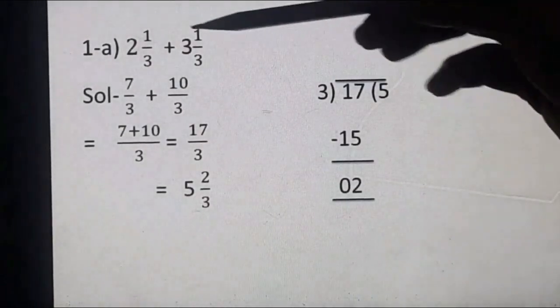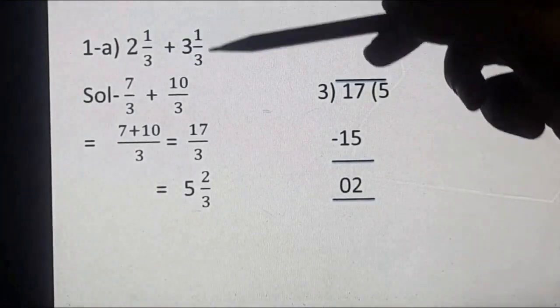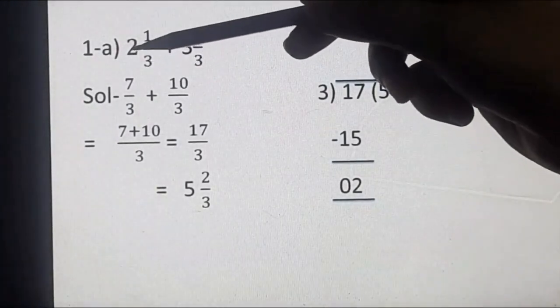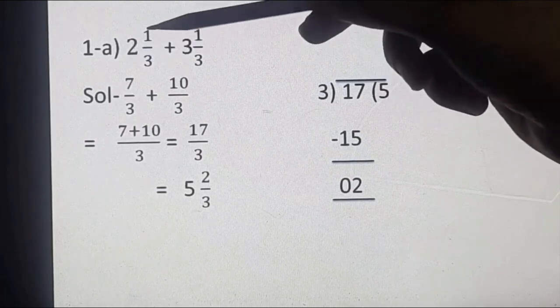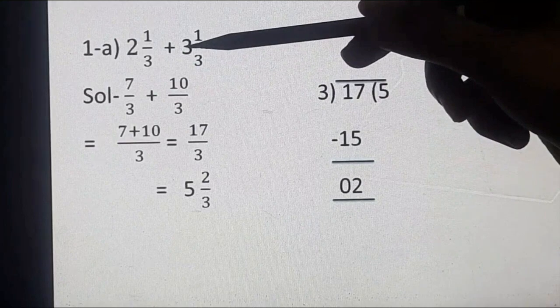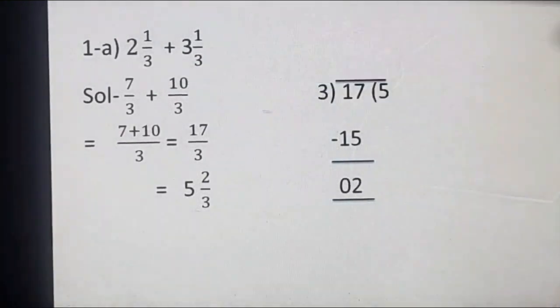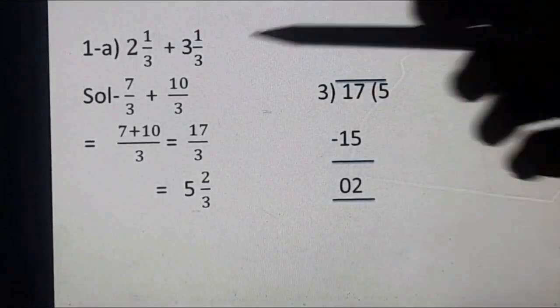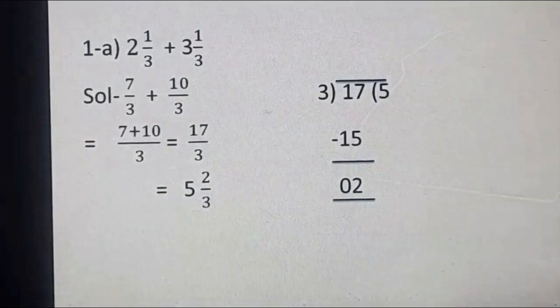Now come back to our question. 2 1 by 3 plus 3 1 by 3. Now 3 2s are 6 plus 1, 7 upon 3, plus 3 3s are 9, 9 plus 1, 10 upon 3. So now denominators are 3 and 3.